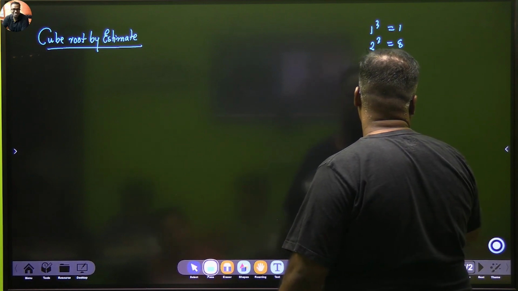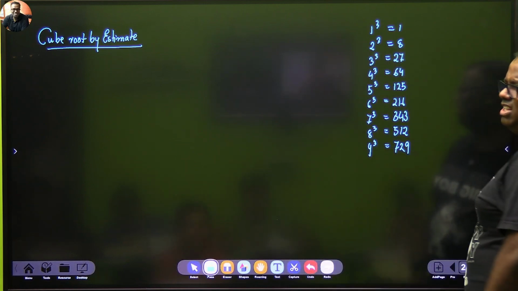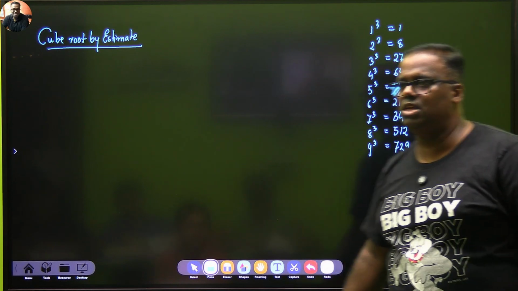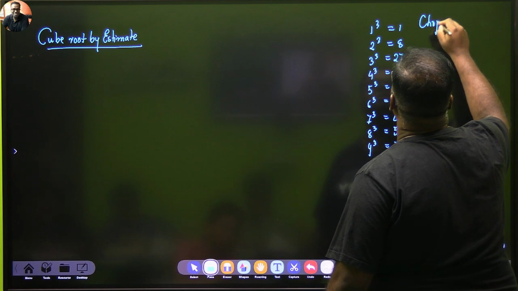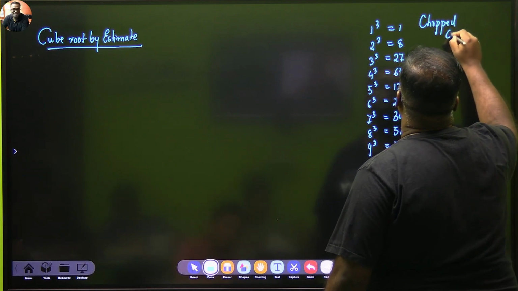Very good. If you know this, fine, or else you can populate it. This we will need. This is our chopped coriander.